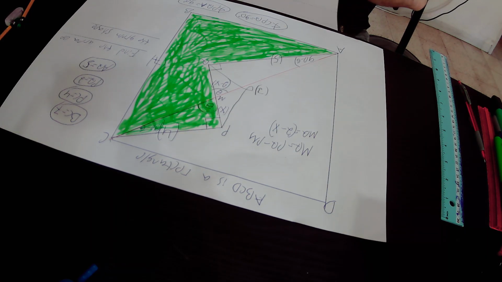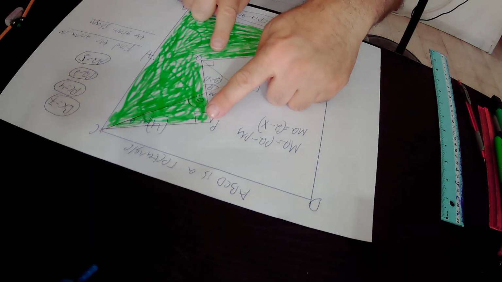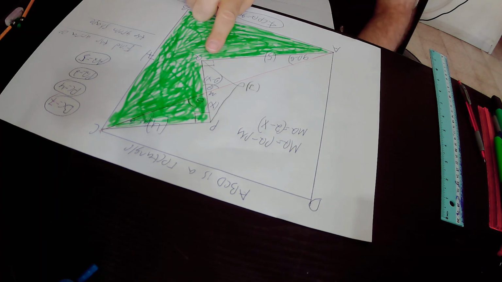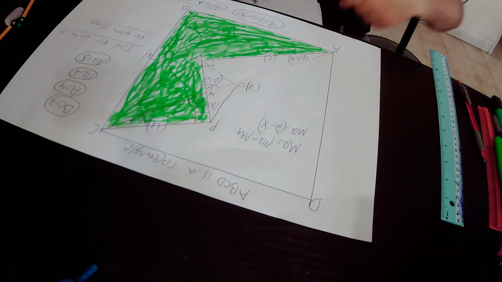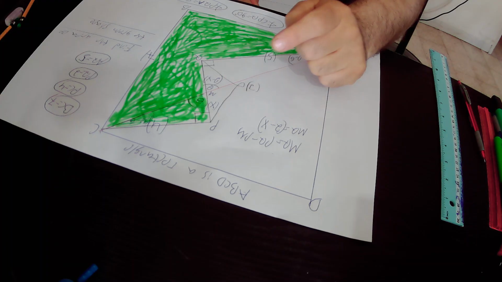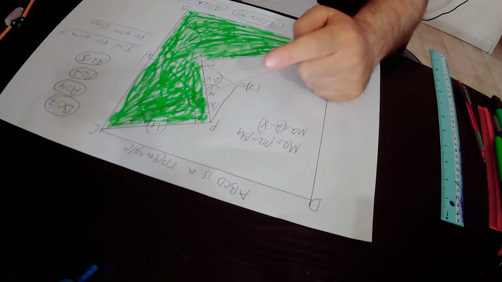In addition, those two angles are both right angles, they are both equal to 90 degrees, therefore they are equal to each other. This is angle MQA in the right triangle AMQ, and it equals this angle, angle MPC in the right green triangle PMC.